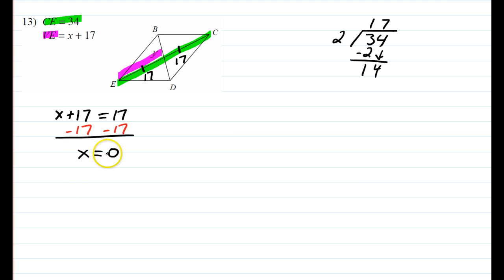It might feel like it's wrong, but if this is x plus 17, and we also know that this side is x plus 17, and we just figured out that x is 0, so if I plug that 0 in, and write 0 plus 17, that's just 17, that would make this side also 17, and that's what we said. 17 plus 17 equals 34. So this is the correct answer. Remember, 0 is a number, so it's okay to get x equals 0.